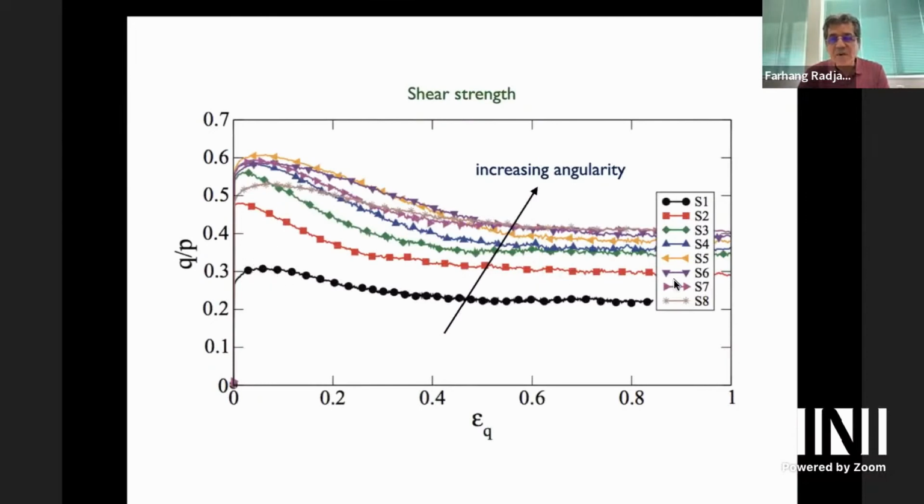And then for tetrahedra, here we have nearly 2 times larger shear strength. And it is not changing in a linear way with the number of faces; it is almost saturating.